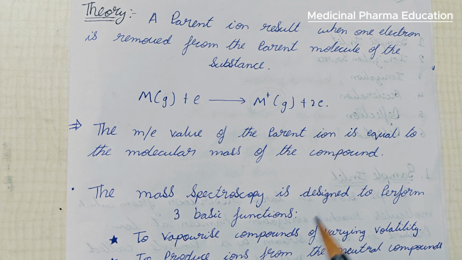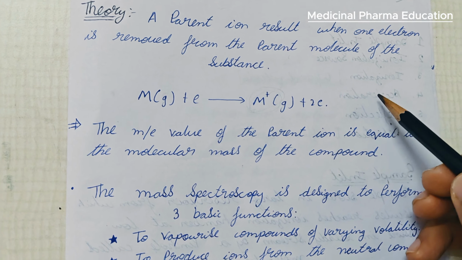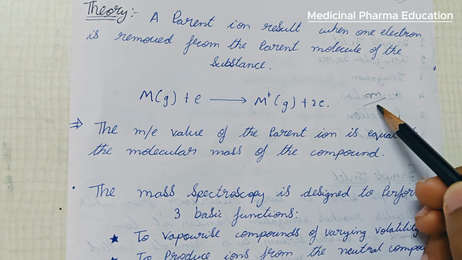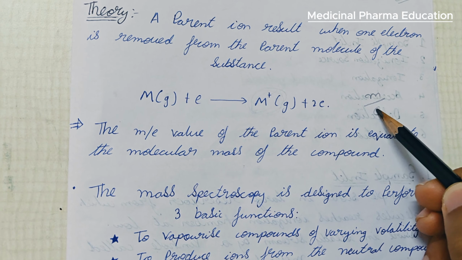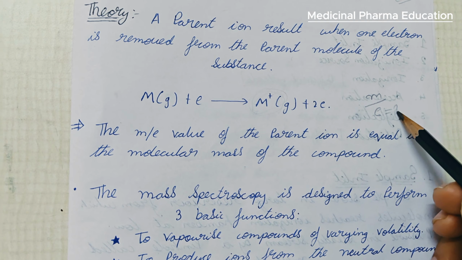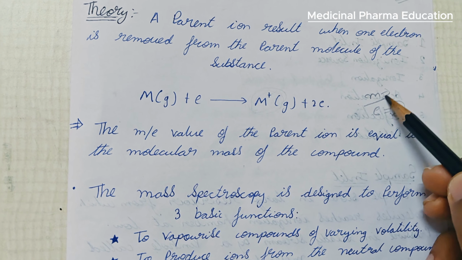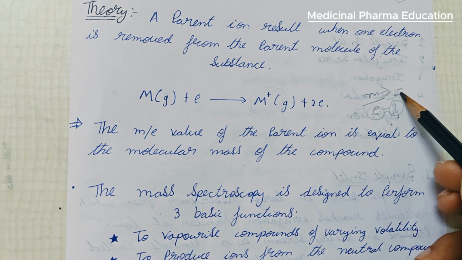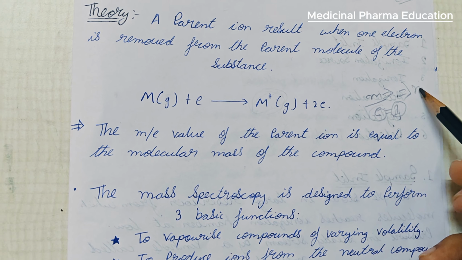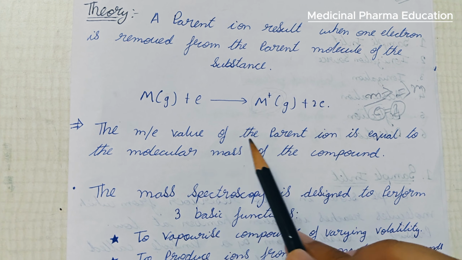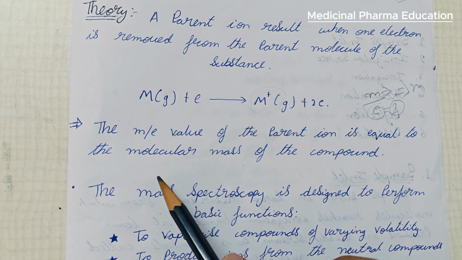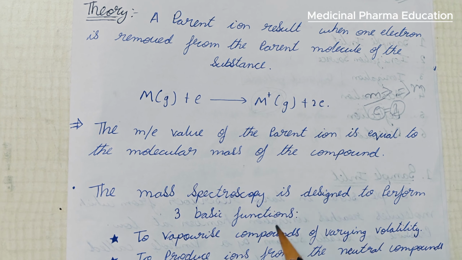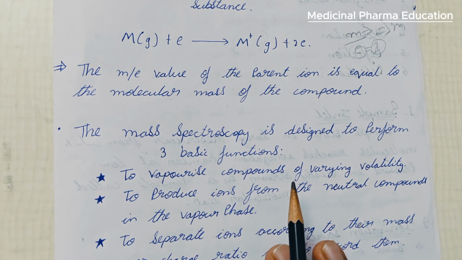See, as I already said, the mass to charge ratio m divided by e, if e is 1 and mass is the total mass of the compound, then it is directly proportional to m, right? That's what it is telling. The mass to charge ratio of the parent molecule is equal to the molecular mass of the compound. If charge is 1, it is directly proportional to the molecular mass of the compound. Okay, I think you understood it.